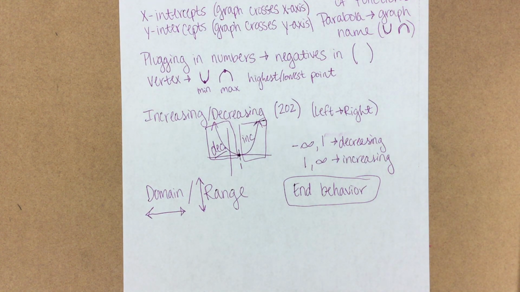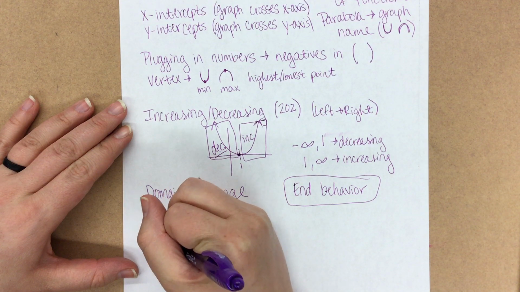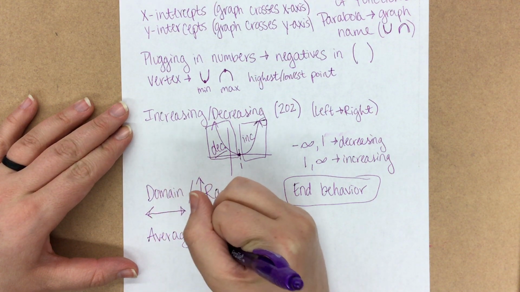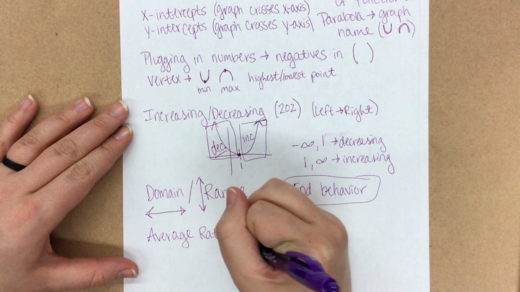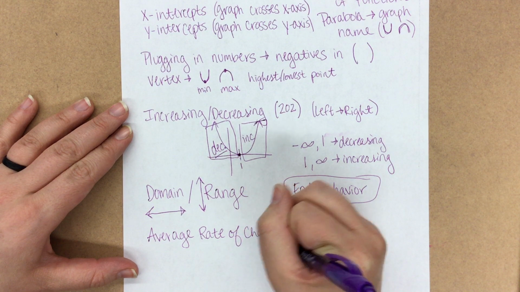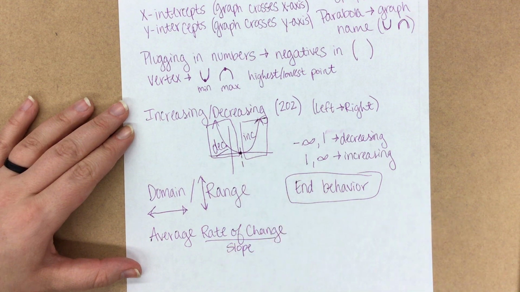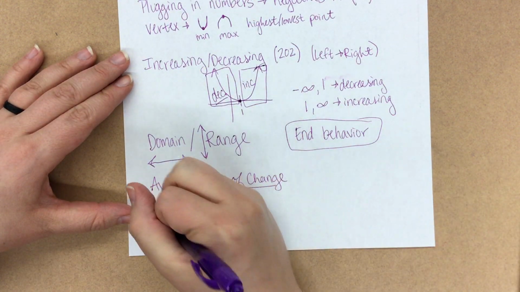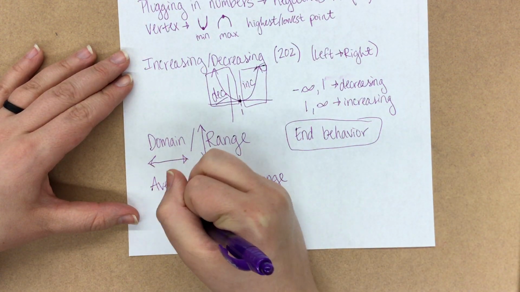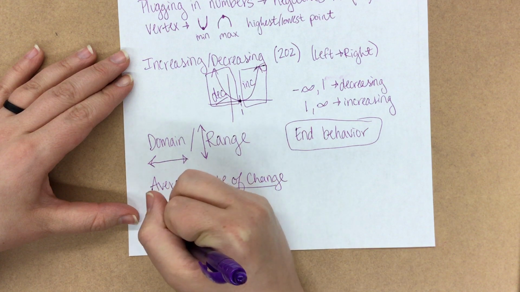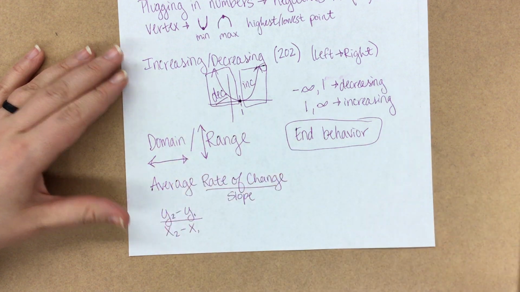Okay. You will need to be able to find the average rate of change. Which really, remember, rate of change is slope. So our average rate of change is our y values subtracted on top and our x values subtracted on the bottom.